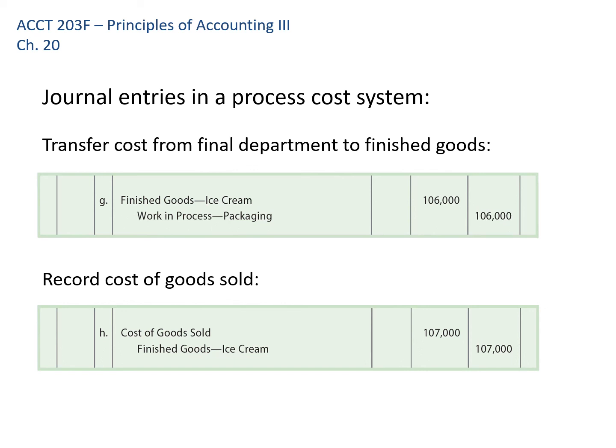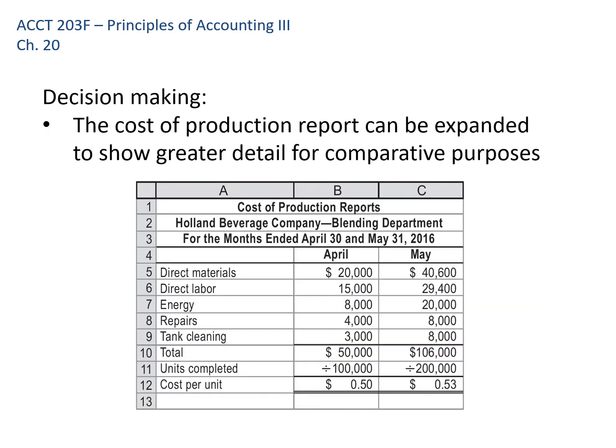There are some additional benefits we get from doing this cost of production report that can help us with decision making. One example is I can pull total information for costs here, and I can compare that from one month to another to see, are our costs going up or are they going down. I could divide that by units completed and come up with a cost per unit and see if I have a trend that might cause a problem.